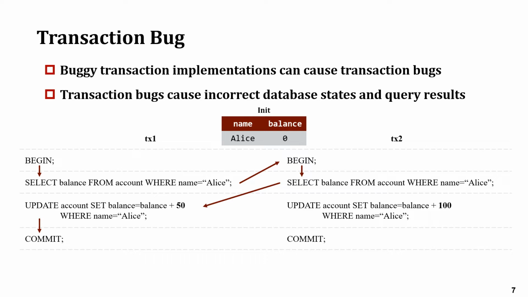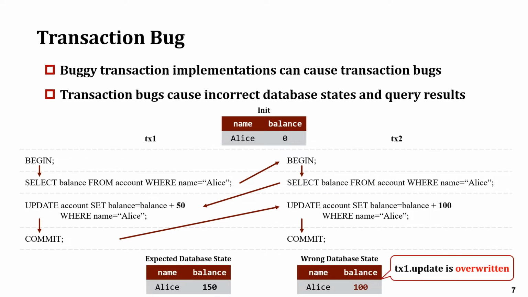So transaction 1 adds $50 to Alice's account, and transaction 2 concurrently adds $100 to Alice's account. So Alice's balance should be $150. However, after the two transactions complete, Alice's balance is $100. That is, the update in transaction 1 is overwritten. In fact, such bugs cannot occur in DBMS today.